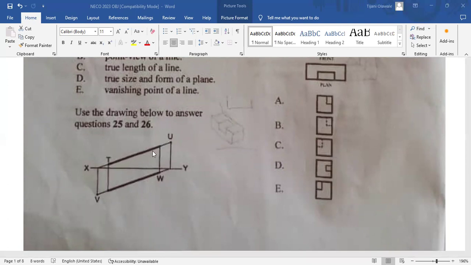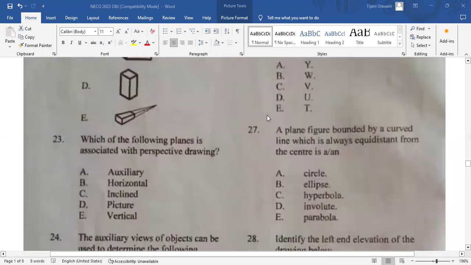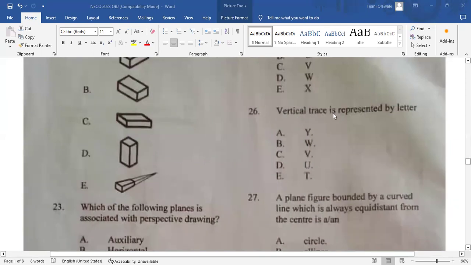This is the vertical plane, this is the horizontal plane. When we extend this line and it touches this horizontal line, we project it down and intersect the extended part of this line. So we have this as the vertical trace, and this is the horizontal trace. Then question 26 says that the vertical trace is represented by letter U.